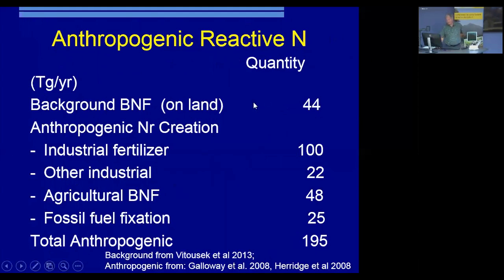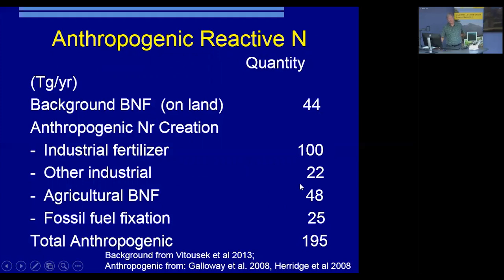I've done some calculations with colleagues of what biological nitrogen fixation was on land before humans so substantially altered the nitrogen cycle. We estimate that less than 50 million tons, it's a big unit, of nitrogen were fixed biologically every year on land. Now we fix 100 million tons of nitrogen for use as nitrogen fertilizer every year. We have other industrial uses.